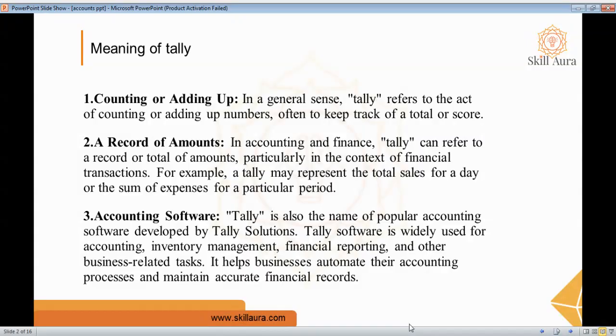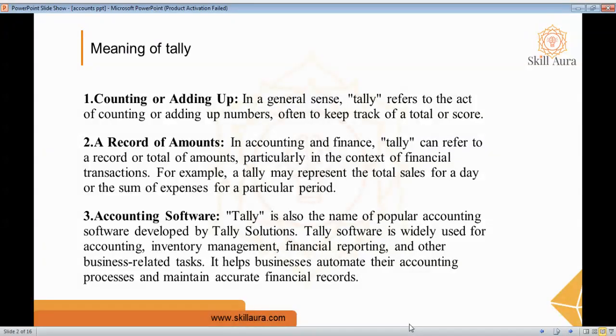Here, this Tally provides features such as financial accounting, inventory management, sales and purchase management, taxation, it can be VAT or GST, payroll management, reporting and analysis. So these are the few features which Tally provides.